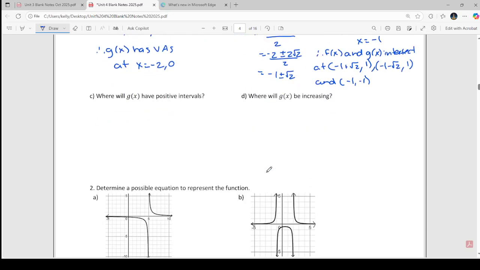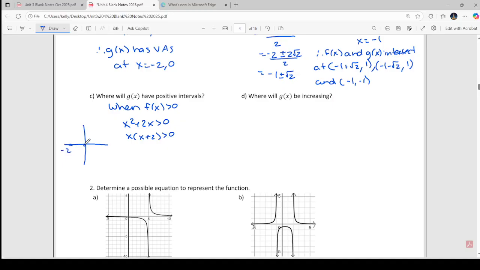g will have positive intervals when f has positive intervals, so when f of x is positive. So when is x squared plus 2x positive? Again, the factored form will help us, but we still need to sketch this.